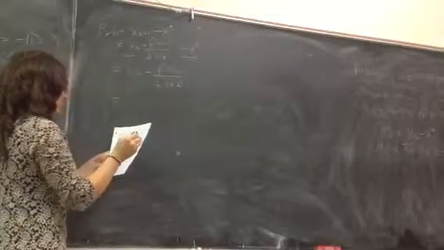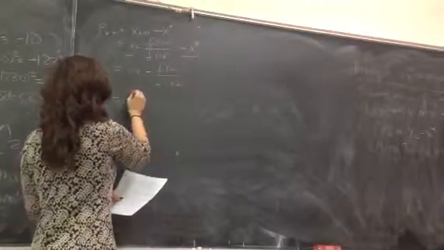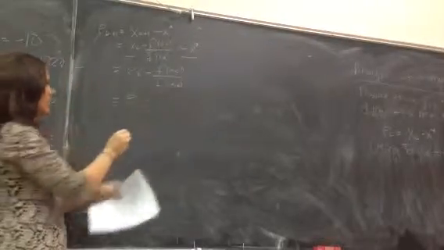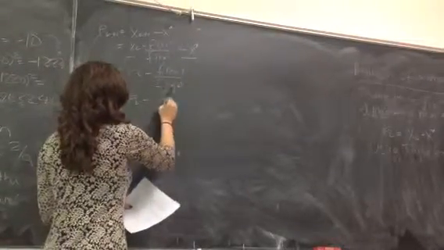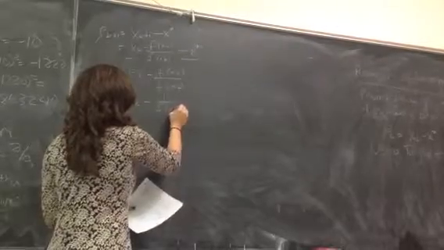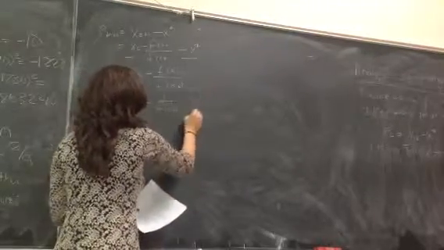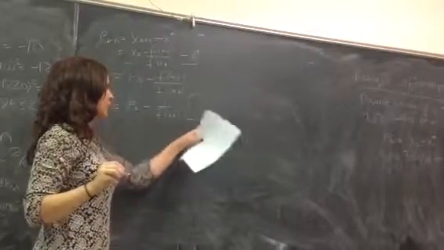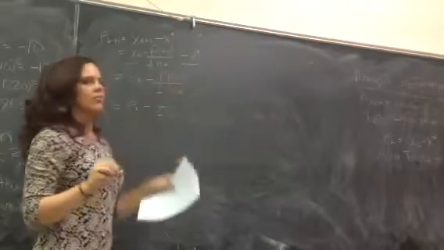And so then what we get from there, I'm going to factor out this 1 over f prime of x_k. And then I'm going to use the second Taylor polynomial expansion of f of x_k.